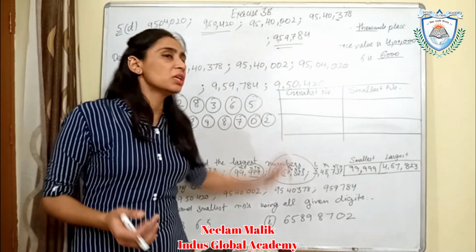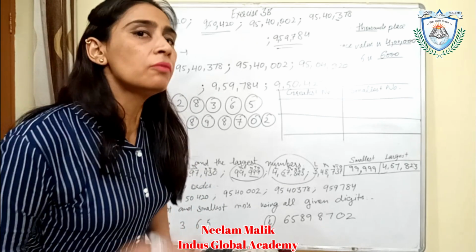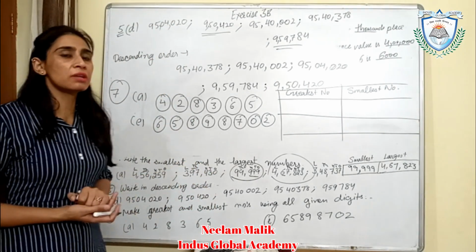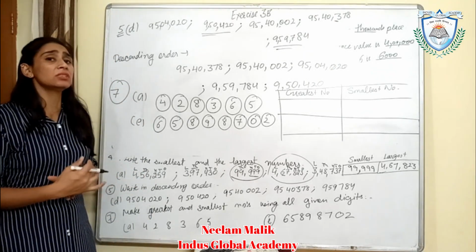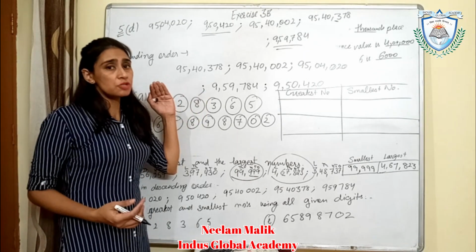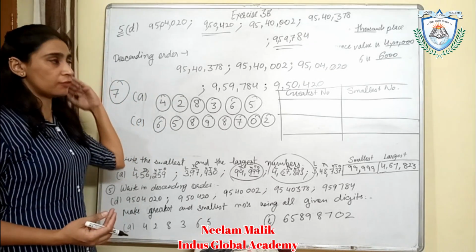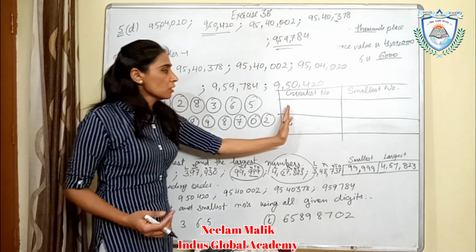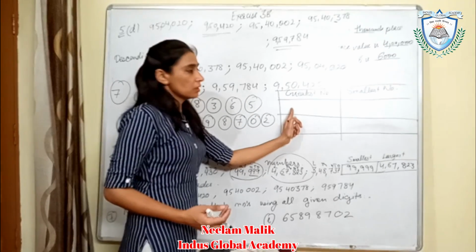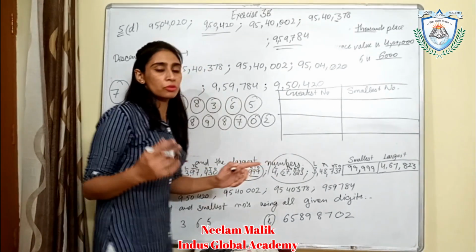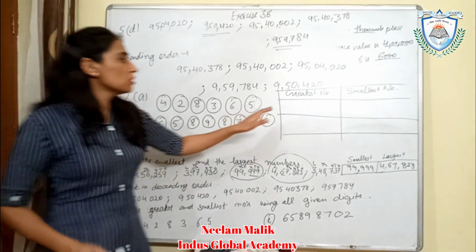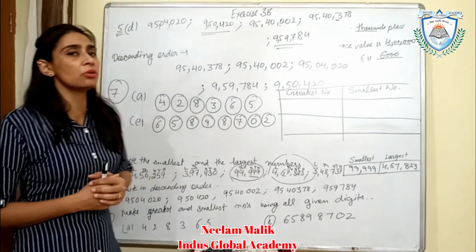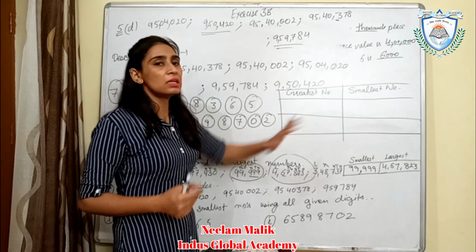When we are forming the greatest number, we will write the greatest digit at the first position, means on the left hand side. Or you can say we will write the given digits in descending order, then we will get the greatest number.